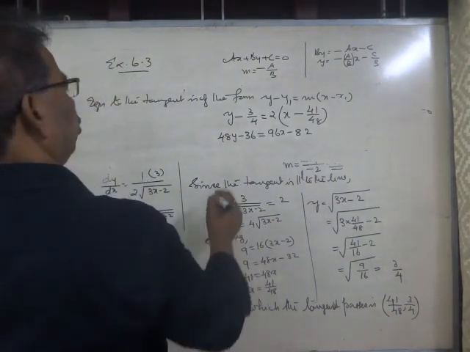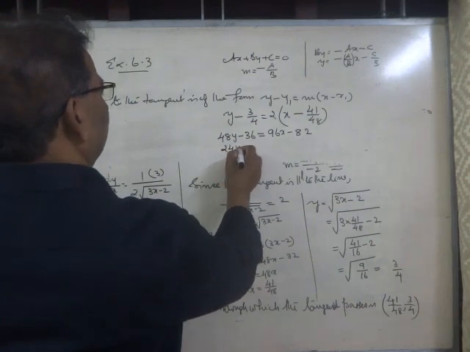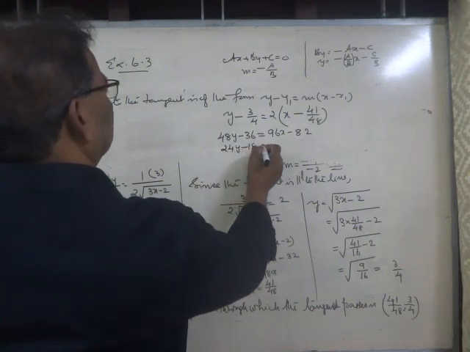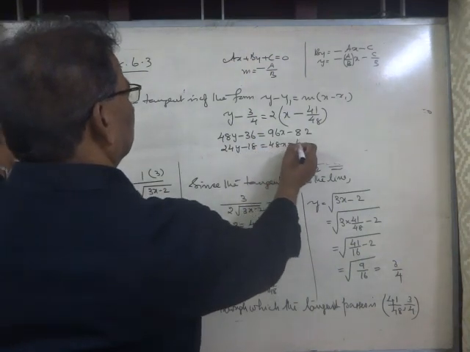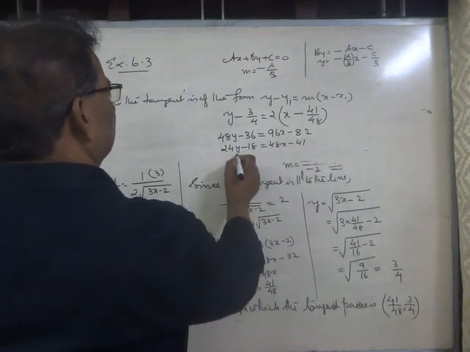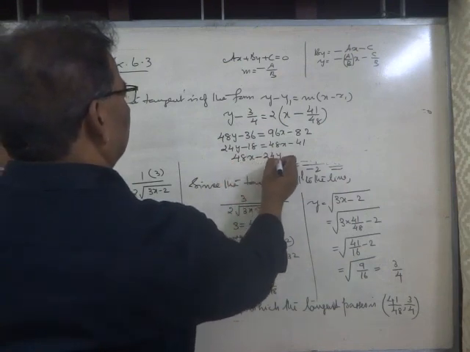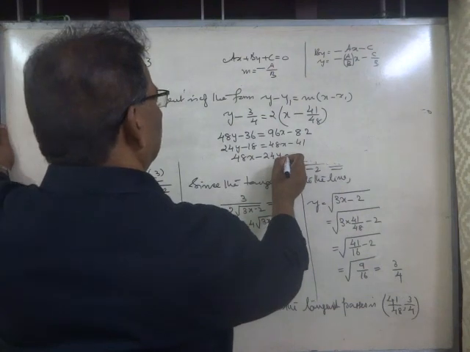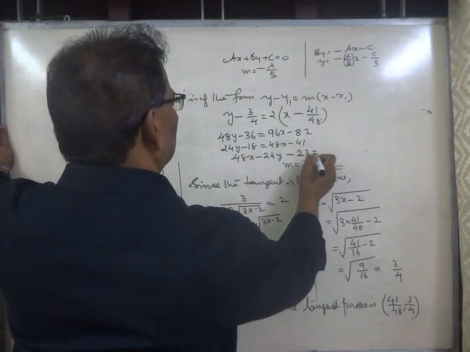We can divide by 2. Then 24y minus 18 is equal to 48x minus 41. Rearranging, 48x minus 24y minus 23 equals 0.